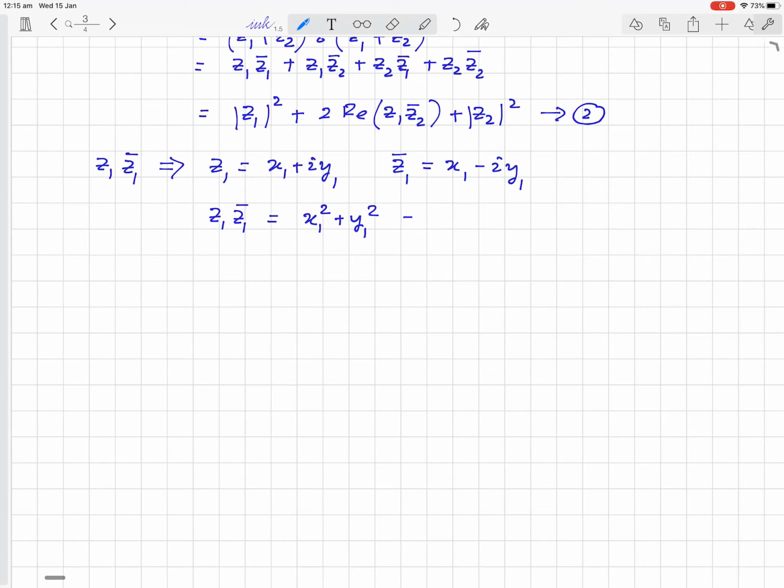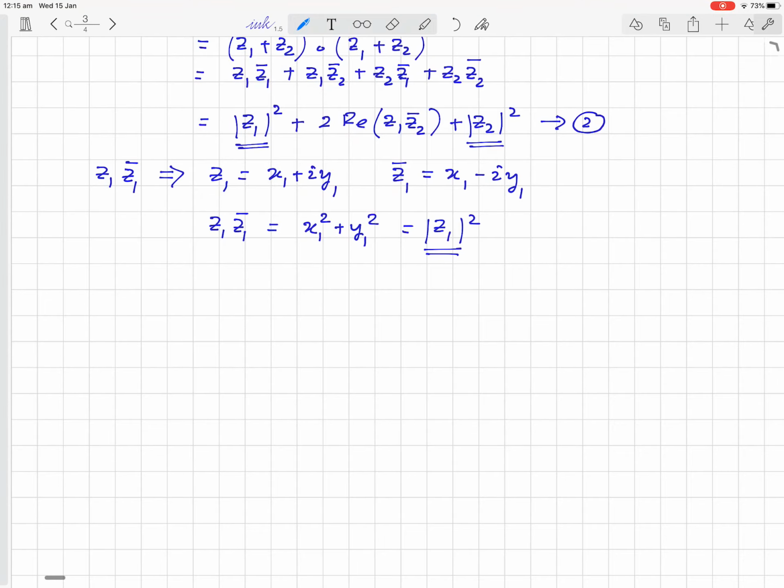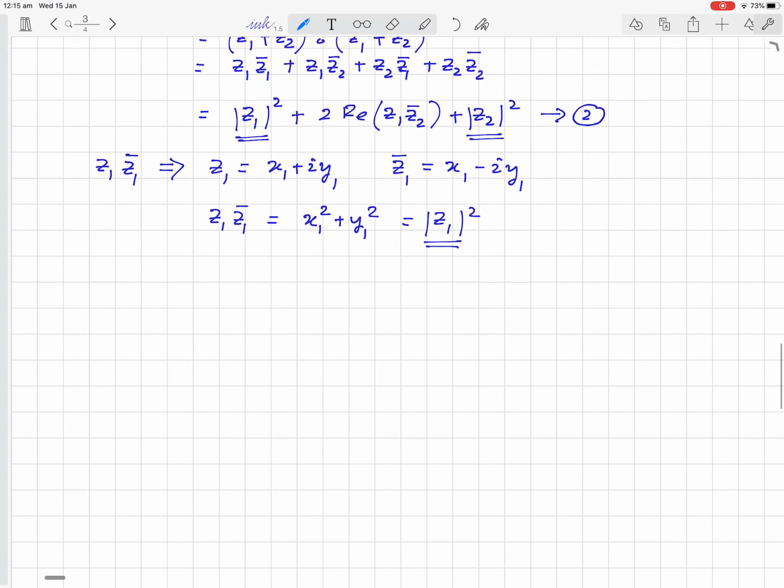So that would be |z1| squared. That's why here we are using that |z1| squared. Similarly, we can show that this would be |z2| squared. Also, now we will try to see what will happen in z1 z2 conjugate plus z2 z1 conjugate.